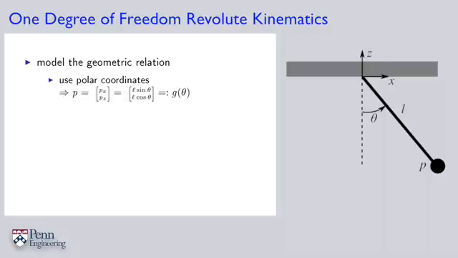Theta is a scalar variable, g is a vector. So g takes the scalar variable theta, the angle of the pendulum, and gives us back the Cartesian positions, p sub x and p sub z, of the mass that's constrained to ride on that pendulum. G is a special function, and it's called the kinematic function, or the forward kinematics.